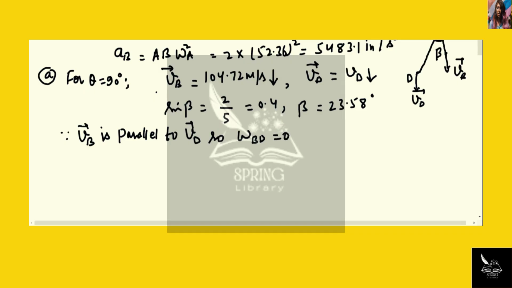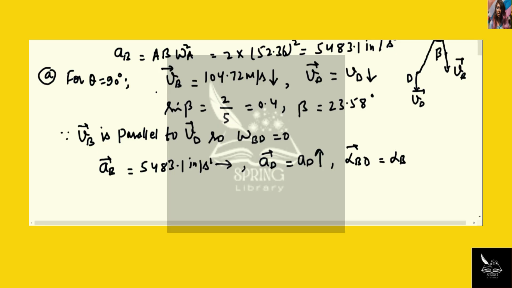Now the acceleration of B point we have already calculated, 5483.1 inch per second square towards right. The acceleration of D point is AD in the upper direction. Alpha BD is in the counterclockwise direction.